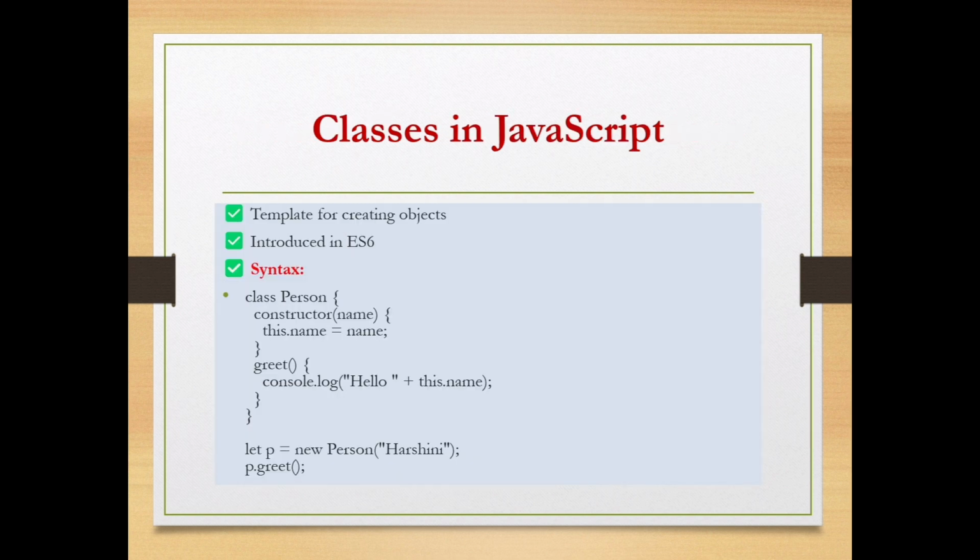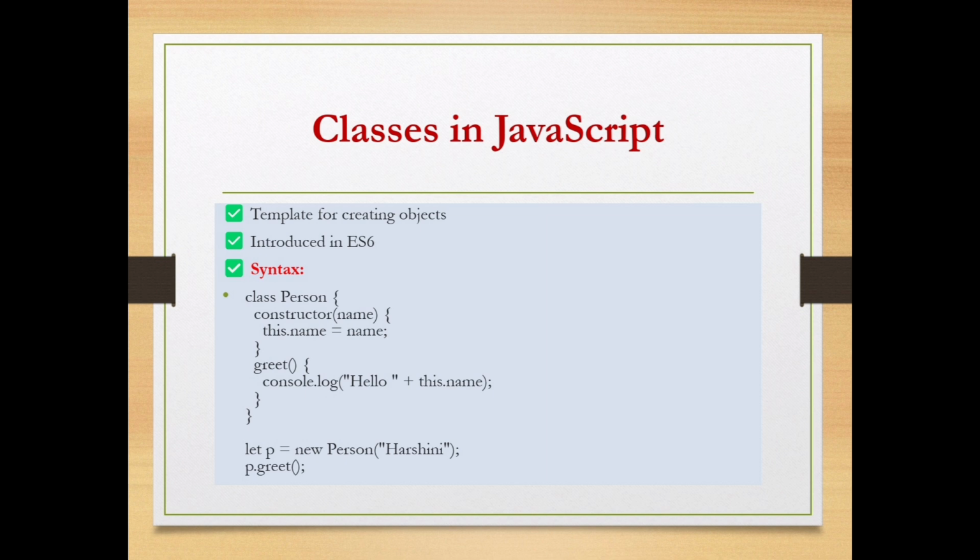Next, classes in JavaScript. Classes are used to create objects. Using classes we can create objects. Classes were introduced in ES6. Next we will see syntax for classes. Here I am creating a class.